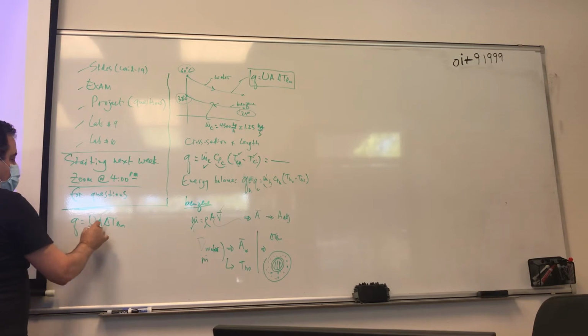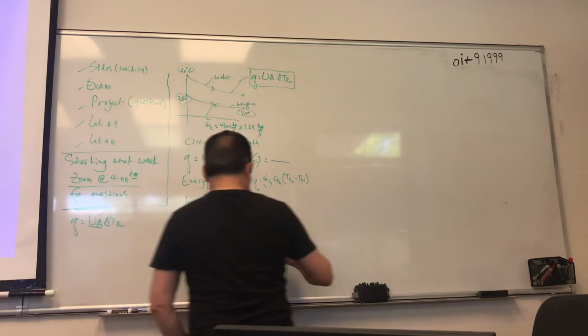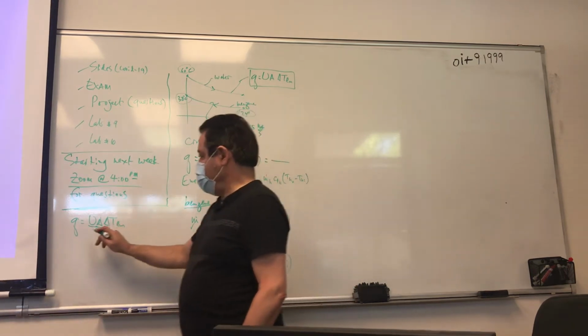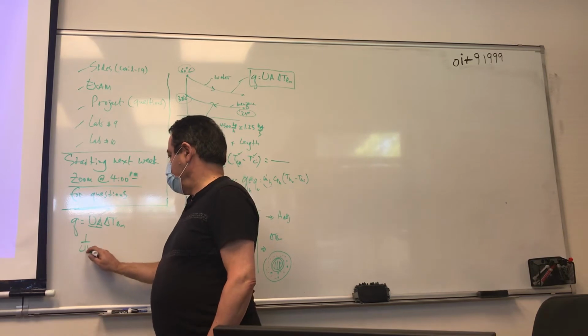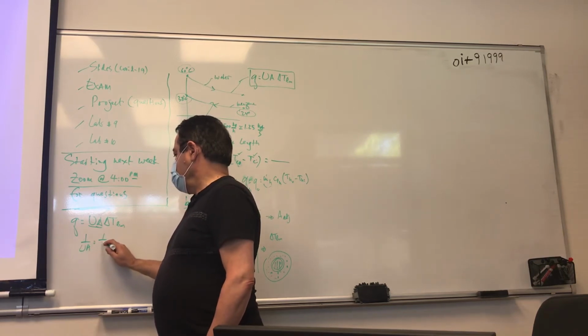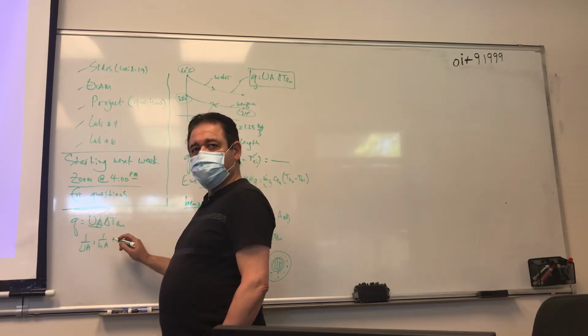Now this UA is a function of what? Remember, 1 over UA is equal to 1 over H_i A_i, plus, what was it again?